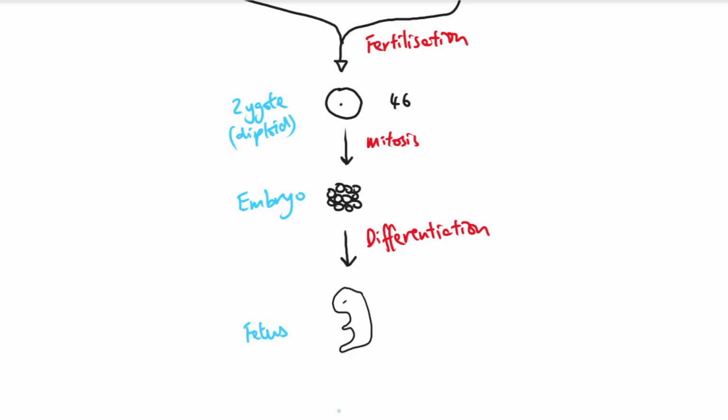The fetus is the developing baby inside the mother's womb. Essentially, the fetus will continue to grow, do more mitosis and differentiation until it becomes a full-grown baby, and then the mother gives birth, the baby grows up into a whole adult human being, and the cycle continues in sexual reproduction.